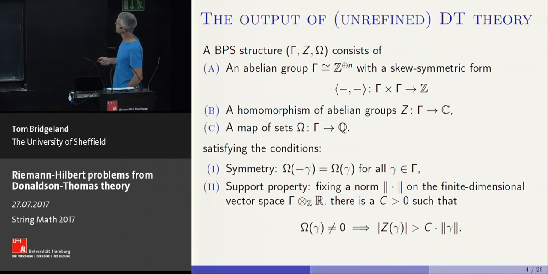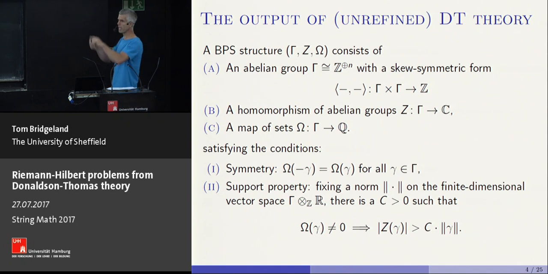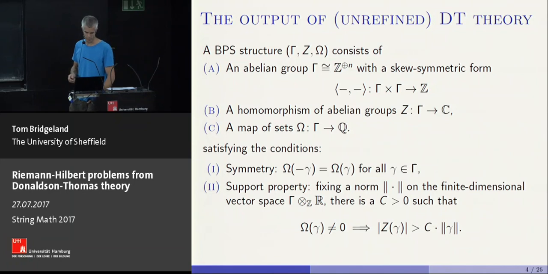Morally, I tend to call a class active if it has non-zero BPS invariant, and the active classes have central charges that don't cluster at the origin. Or in other words, if you restrict the radius of Z gamma to some ball, then there are only finitely many classes. That's what that's saying.